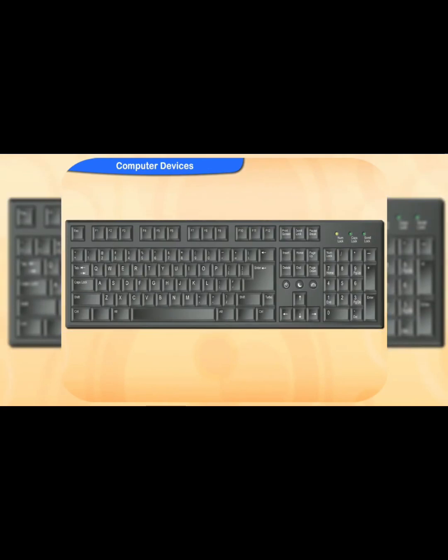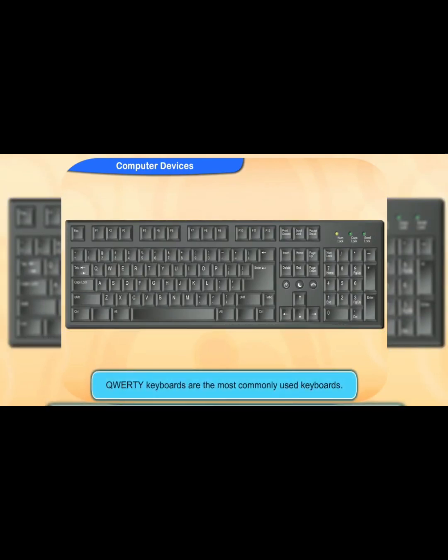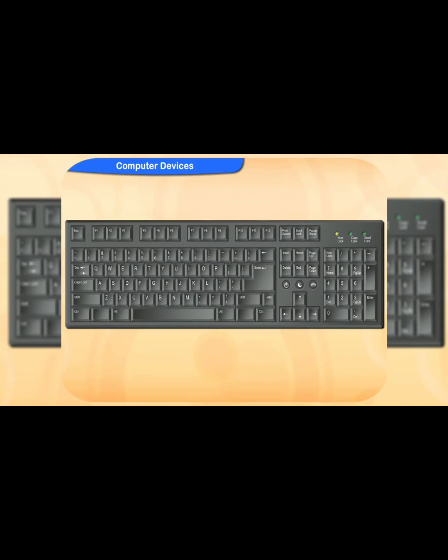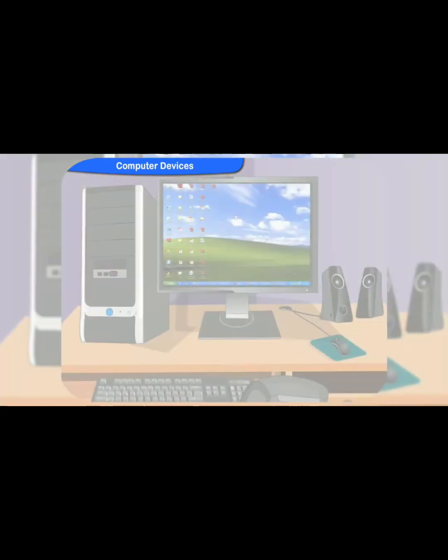This keyboard is called a QWERTY keyboard and it is the most commonly used keyboard. Why is it called a QWERTY keyboard? It is named after the first 5 letters of the top row of the alphabet keys. And these keys are Q, W, E, R, T, Y.